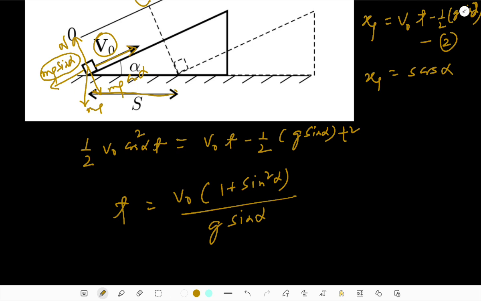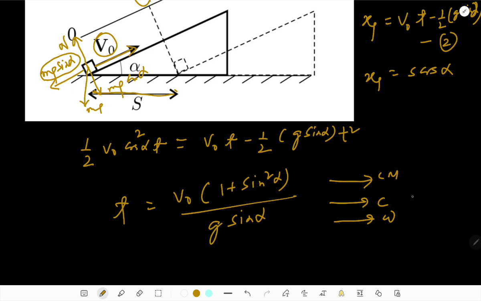So how can we do this? In the horizontal direction, I know the velocity of the center of mass is constant. And in the horizontal direction, both the cube and the wedge have the same displacement.